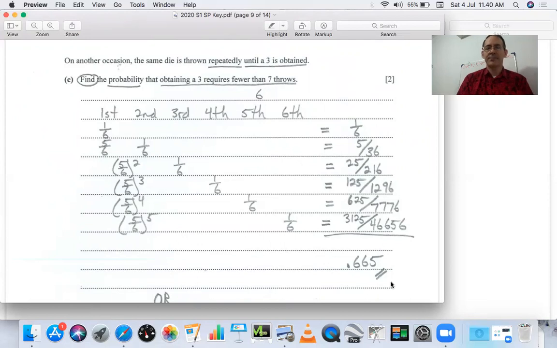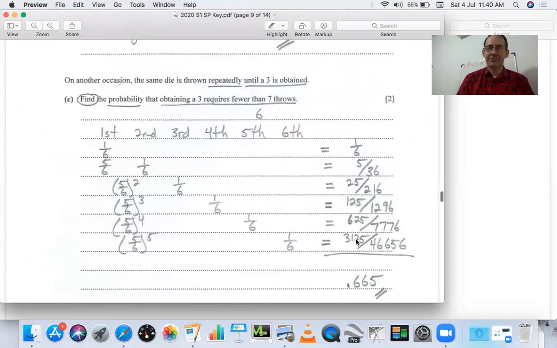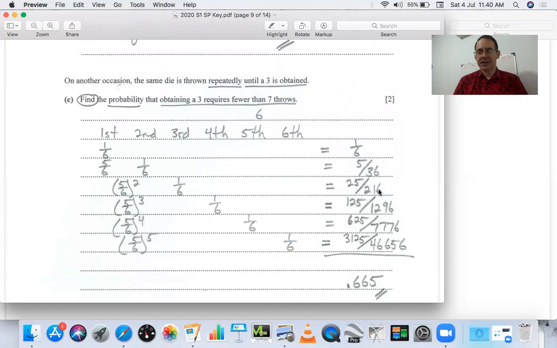We add all that up, and you get 0.665. That's using the geometric method, although I didn't necessarily write out the formula the same way, but it is the p times q to the r minus 1. So this is the geometric method, which they are trying to introduce as new content.